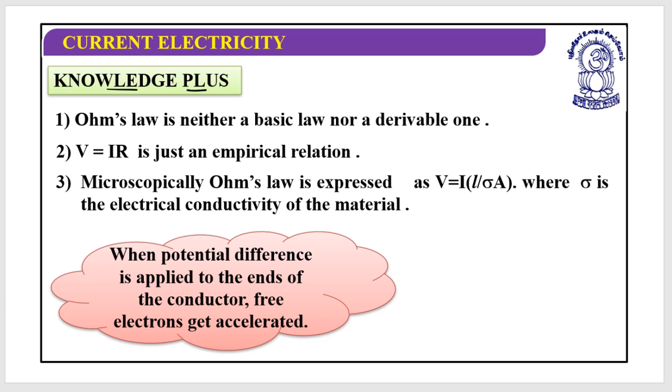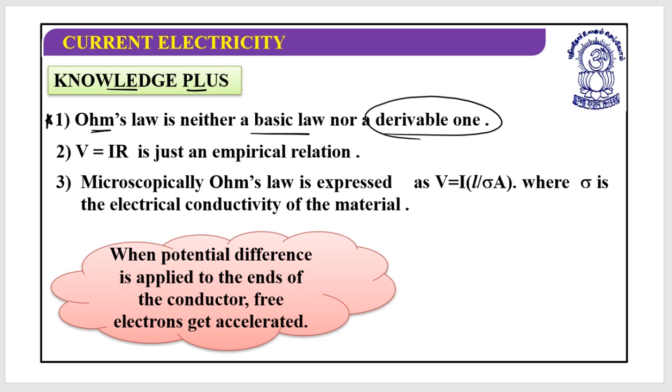One very important thing is that Ohm's law is neither a basic law nor a derivable one. This is not a basic law. Now the question might arise in your mind: what is a basic law, or how can I know whether it is a basic law or not? To understand what a basic law is, we can take the example of Newton's laws.